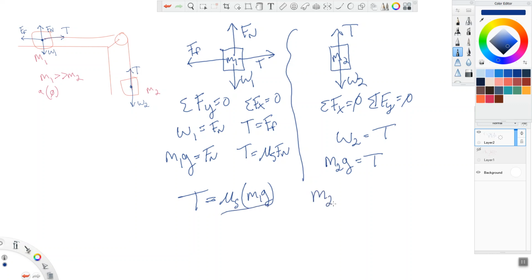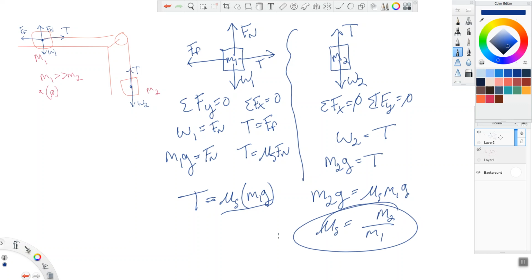So I can say m2g equals mu sub s m1g. And then if we want to solve for static friction, mass 2 divided by mass 1 would be our answer. Alrighty, that's all we got.